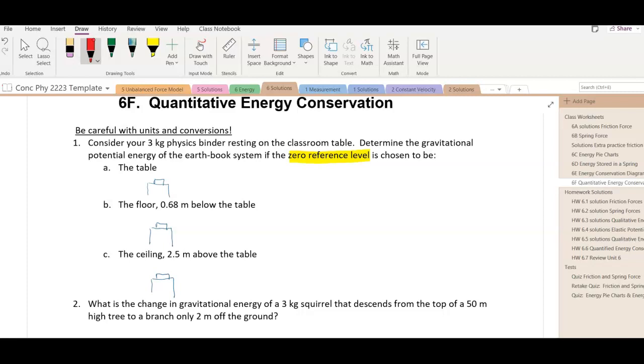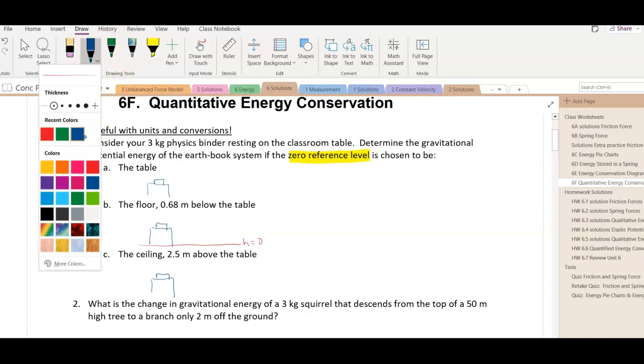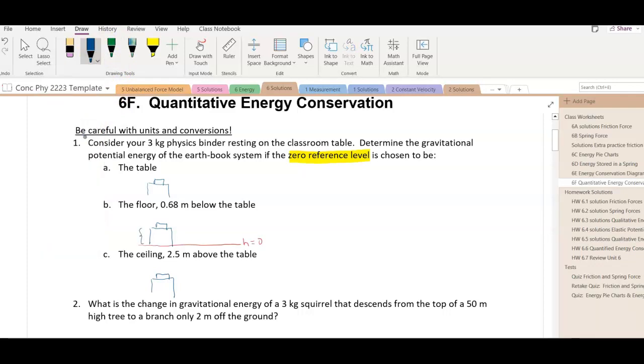So if we set the ground, the floor, as where the height is 0, then this book is actually on the table, so it's above that. So the book's height, the book's position, is 0.68 meters. Right, because the book is above the floor.